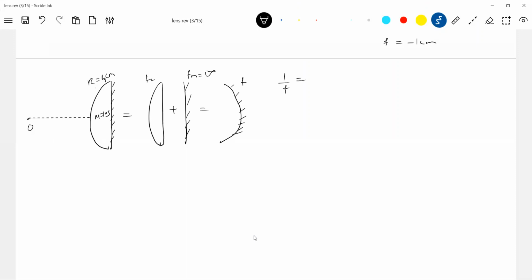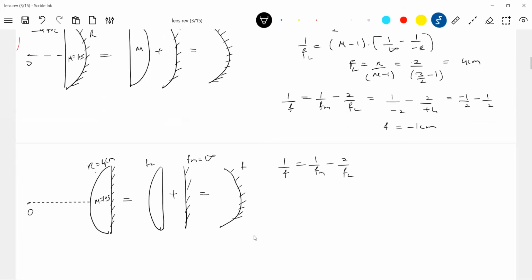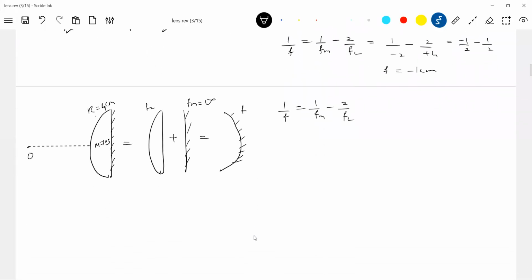So 1 by F equal to 1 by FM minus 2 by FL. One by infinity, 2 by FL is 4.